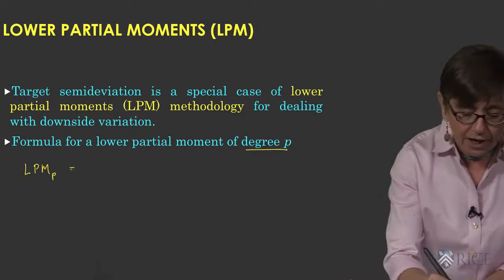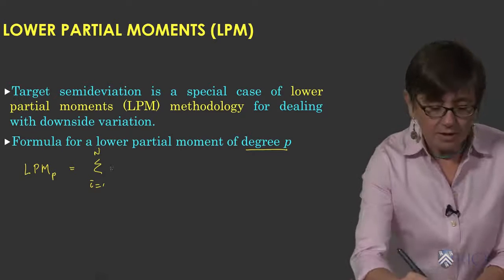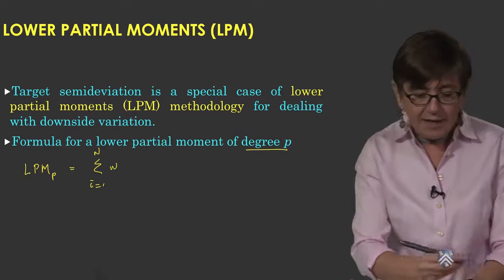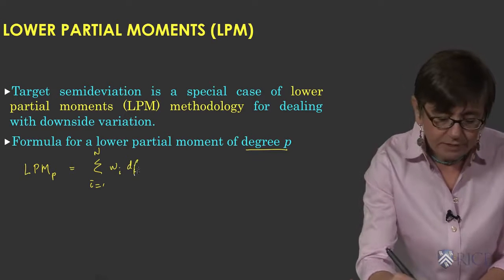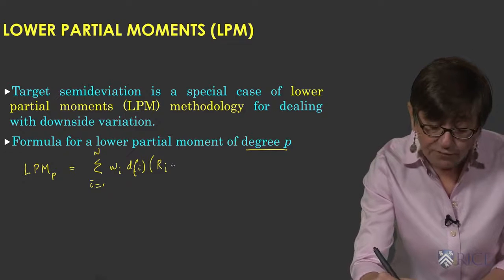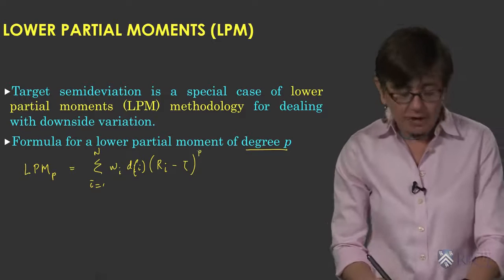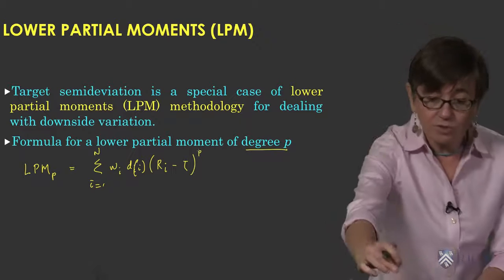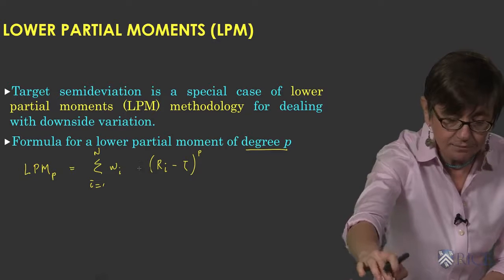It is given by, and I'm going to define each term in a minute, d of i, and then the deviation from that target to the p power. Now let me go through this expression with you and explain what it is.